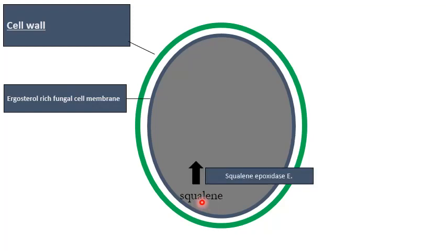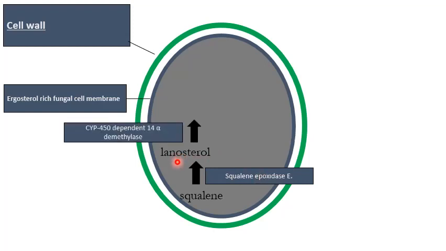Squalene, by an enzyme called squalene epoxidase, is converted into another substance called lanosterol. And lanosterol, by an enzyme called cytochrome P450 dependent 14-alpha demethylase, one of the members of cytochrome P450, is converted into ergosterol, which enters in the formation of the cell membrane.